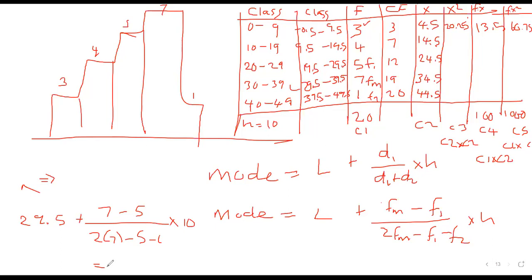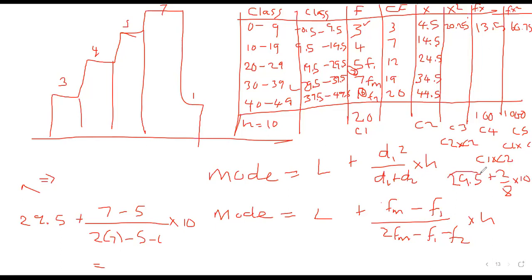That is how we find our mode. Or D1 is the distance above. So from there, it is 2. The distance below, D2, Fm minus F2, is 6. So you add the distance on top, 2 plus 6, you get 8. We're going to have 29.5 plus 2 over 8 times the height of 10.